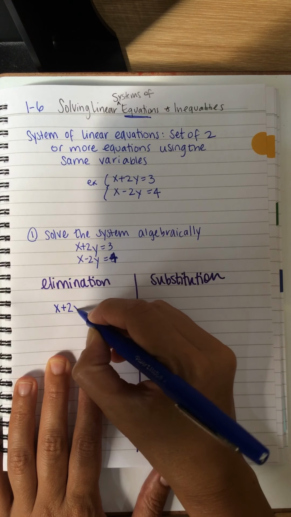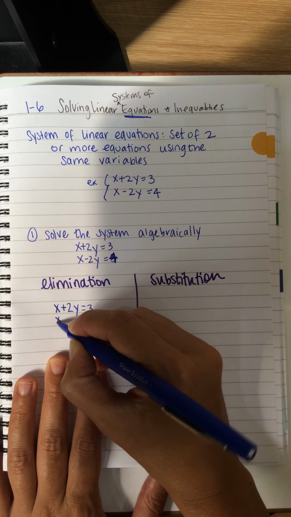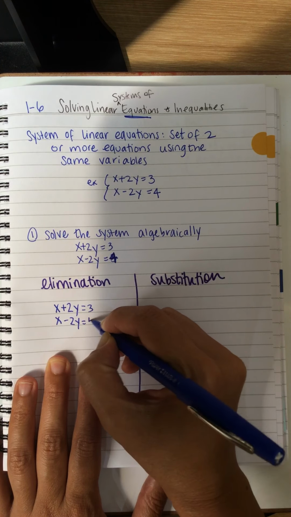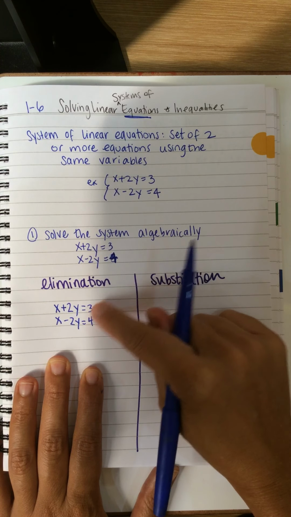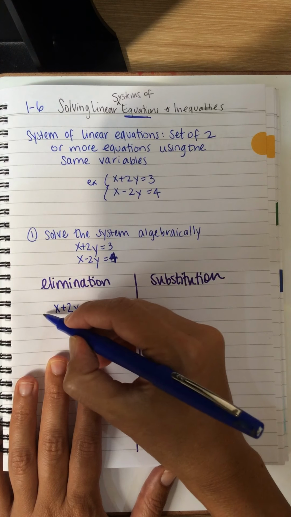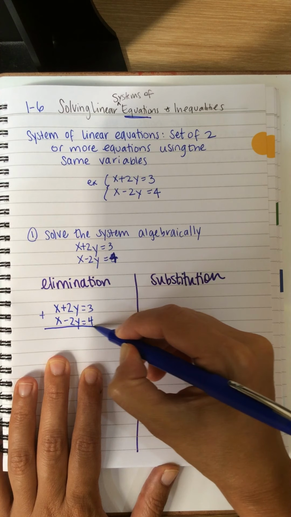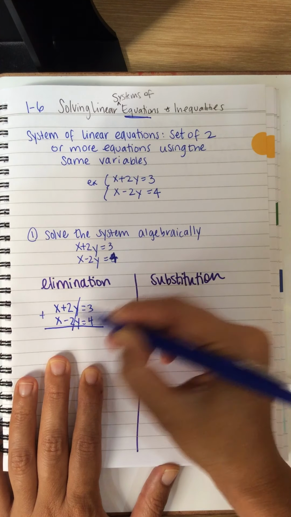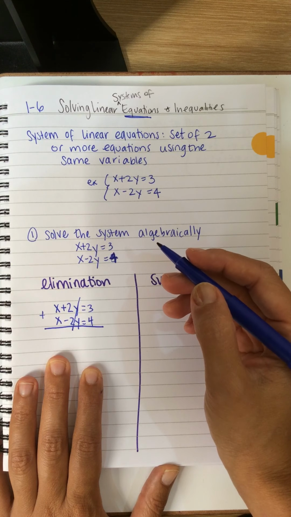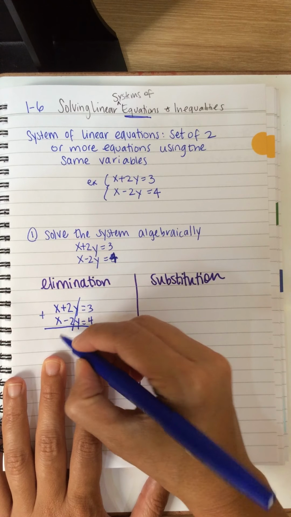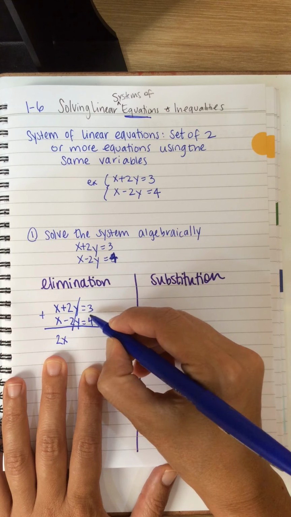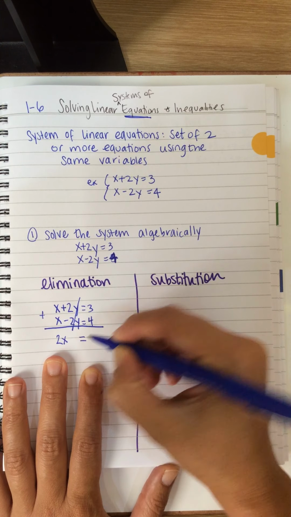So x plus 2y equals 3, x minus 2y equals 4. This is the easiest way to solve this one right now because I can see I can cancel things out, right? If I'm adding these two together, right away I can see that this goes away because plus 2y minus 2y is 0, so that's nothing. So now let's just add what we've got. x plus x is 2x, and that's gone, so I don't need to write anything.